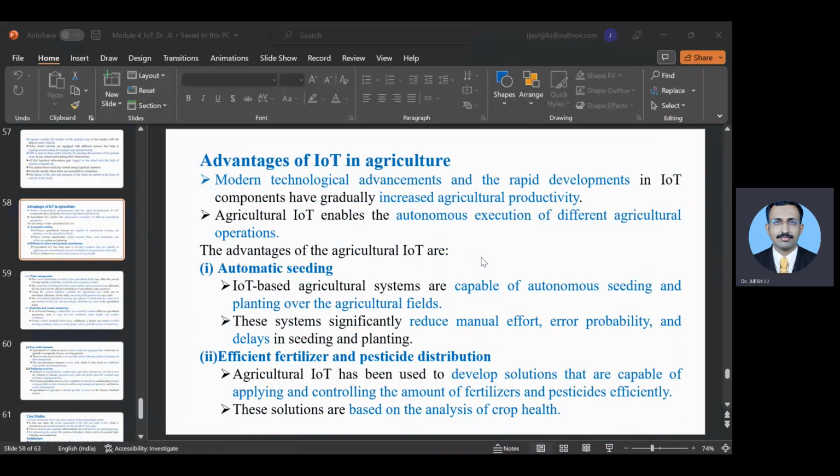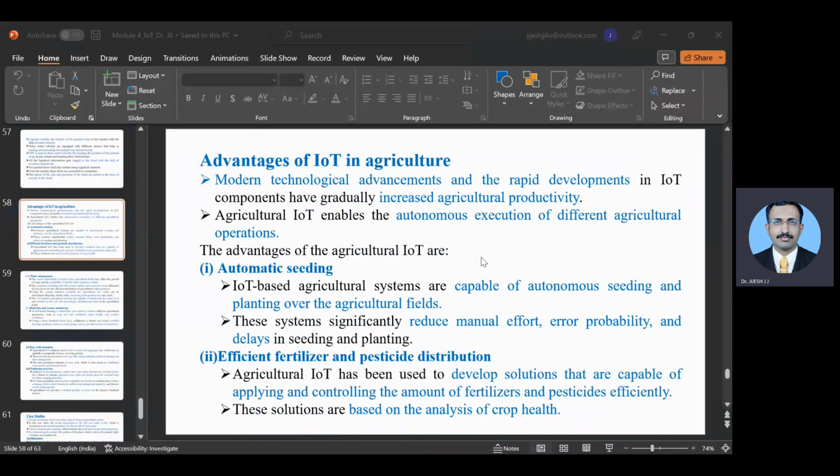This significantly reduces the manual effort. Before, around 100 people were required for almost 10 acres of land. Now maybe 5 to 6 people are enough with the help of very sophisticated machines.